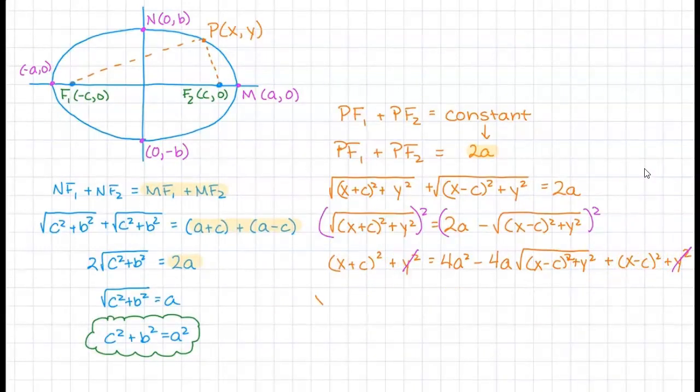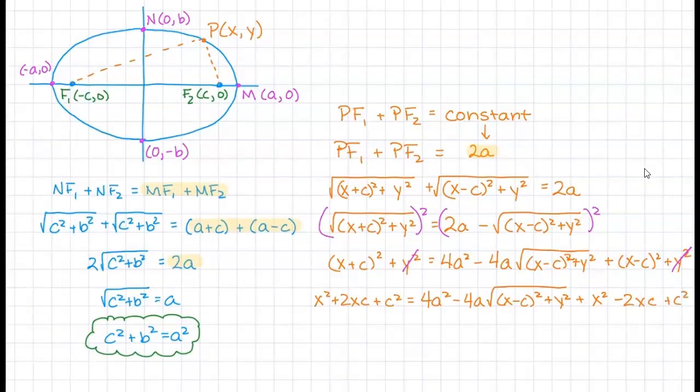So I'm going to have x squared plus 2xc plus c squared, and then I have equals 4a squared minus 4a times the square root of (x minus c) squared plus y squared. And then I square the (x minus c), so I have x squared minus 2xc plus c squared.